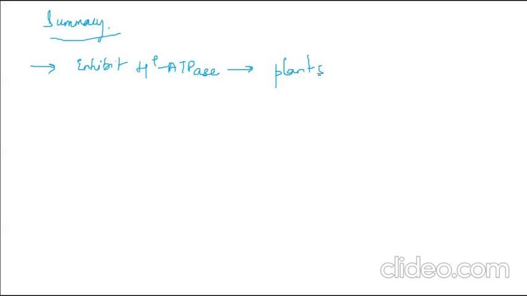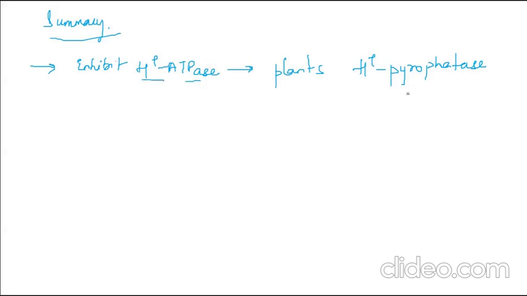This combination helps in cold acclimation. So in summary, cold stress causes the inhibition of several transport proteins. They inhibit H plus ATPase, and when H plus ATPase is inhibited, several pathways will be inhibited. To help the metabolism go on, plants use H plus pyrophosphatase, which works when H plus ATPase is not working.